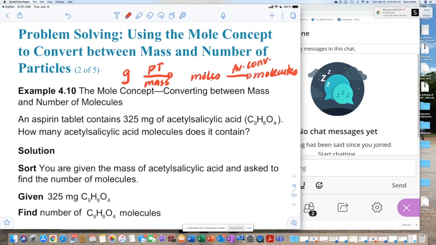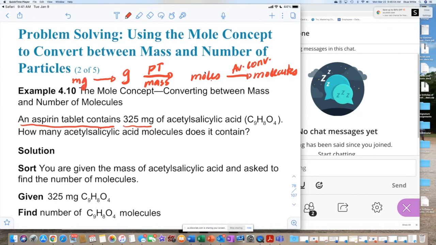And so we're told here, an aspirin tablet contains 325 milligrams. So I pause for a second and say, wait a minute. Am I not supposed to start from grams? Then I answer myself in this monologue, yes, I am. But they gave me milligrams. Yes, they did. So that means I need to add one more conversion to get my number right.